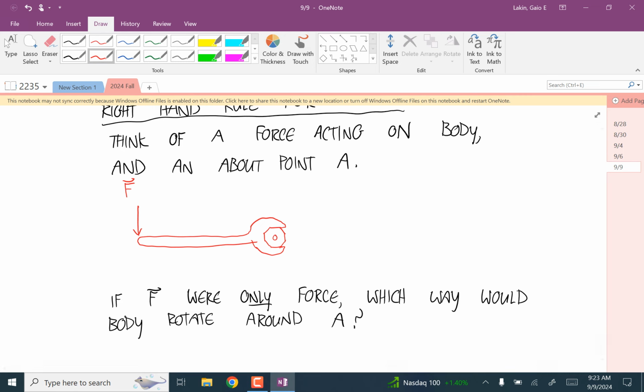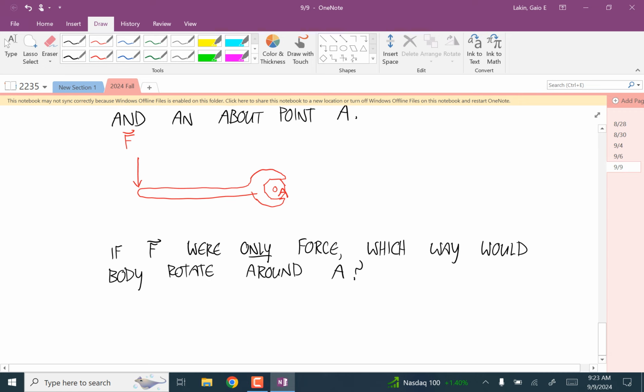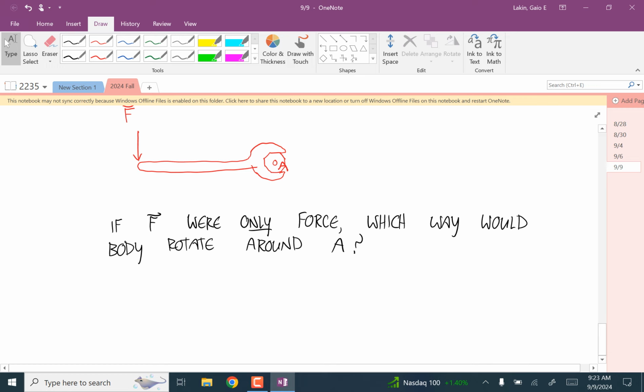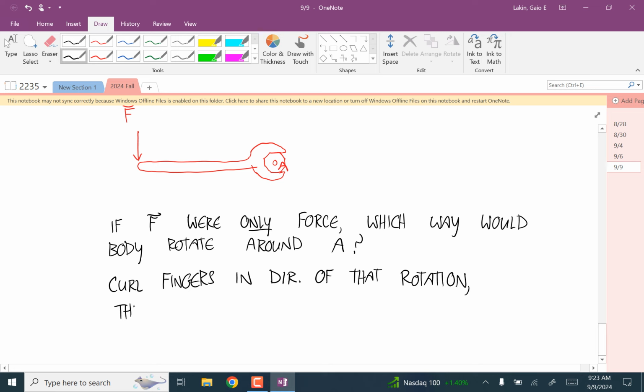A is here. In this case, it would rotate counterclockwise. And so the right-hand rule says, curl your fingers in the direction of that rotation, and then the thumb is in the direction of the moment vector.